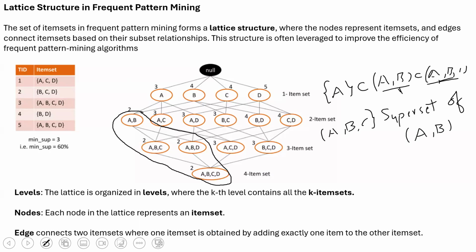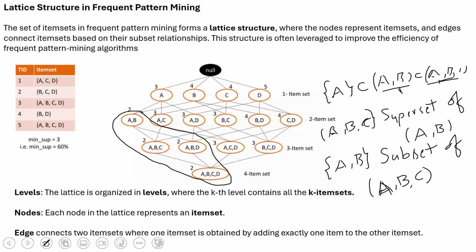Okay, ABC is superset of AB, and now AB is subset of ABC. AB is subset of ABC. Okay, AB is subset of ABC.